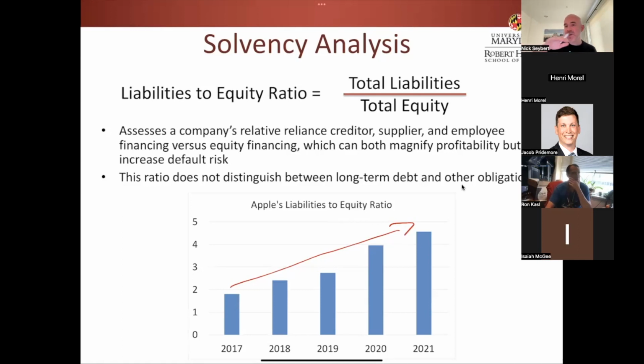So if you're looking at an industry and everybody's hovering around a liabilities to equity ratio of 3, and your company's like 5.5, you might start asking, what's going on here? And start reading about what management says their strategy is and why the debt is so high, because that's risky, as we've seen.